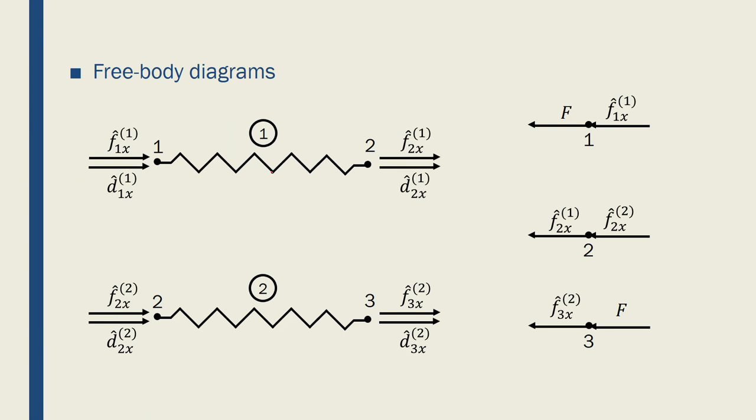Element 1 has K1 and element 2 has K2 for this stiffness. And each of them will have their own free body diagrams. So F1x1, D1x1, again, the force of node 1 in x direction when attached to element 1 in the local coordinate system, and the displacement of node 1 in x direction for element 1 in local coordinate system. And the same applies there too. So F2x1 and D2x1. And for node 3, which is at the other end of the bar, we have D3x2.